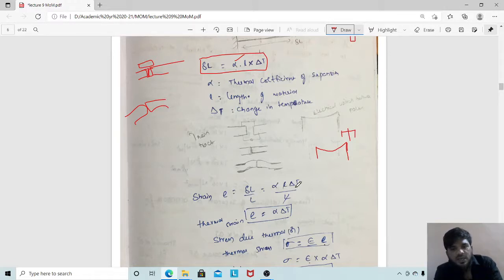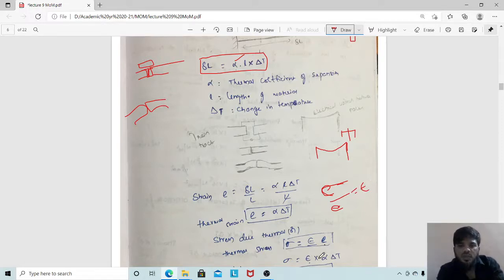Alpha L into delta T. L will get cancelled, so strain can be written as alpha into delta T. Similarly, we know that stress by strain is equal to Young's modulus E.